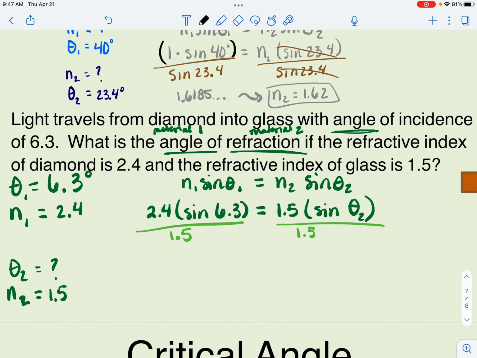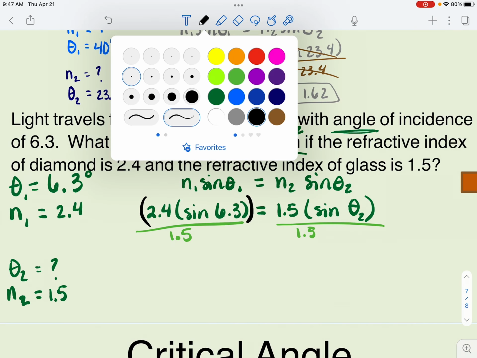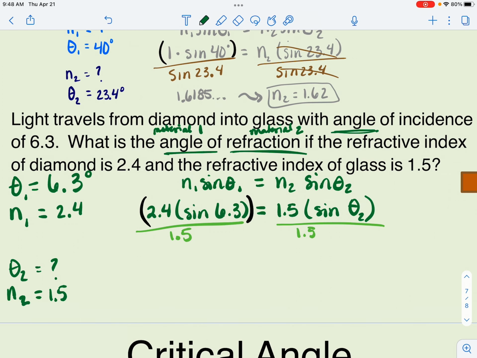Once again, I'm going to open my parenthesis, and I'm going to tell my calculator I want you to do 2.4 times the sine of 6.3, close the parenthesis for my numerator. So you see you might need a double parenthesis there. Then I'm going to divide by my value of 1.5. And so this is going to give me a number of 0.17557. Now this is equal to the sine theta 2.